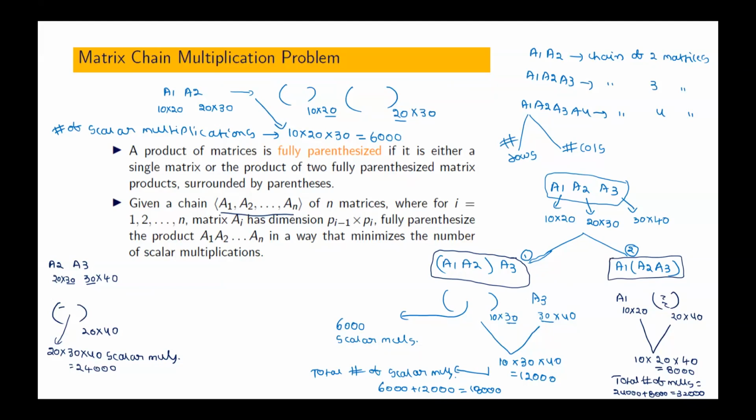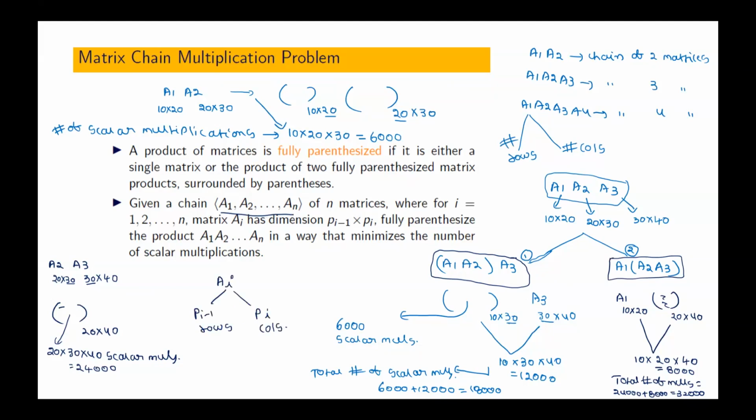Where matrix Ai has Pi minus 1 rows and Pi columns. That is the dimension of that.